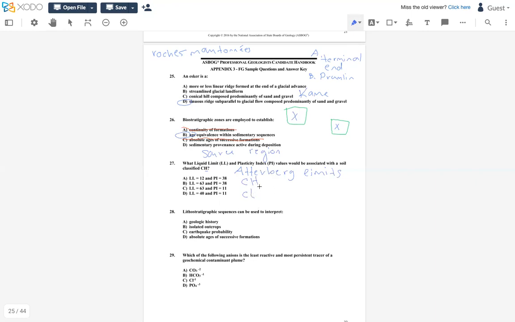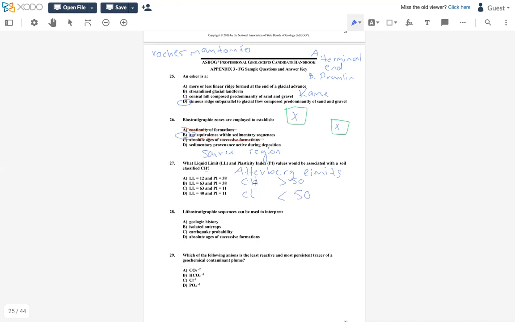What I remember is that the soil with an H has a liquid limit that is greater than 50. And the CL, the one with the L symbol, has a liquid limit less than 50. I remember that because L is less than.